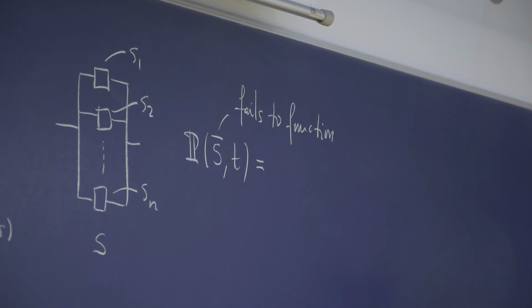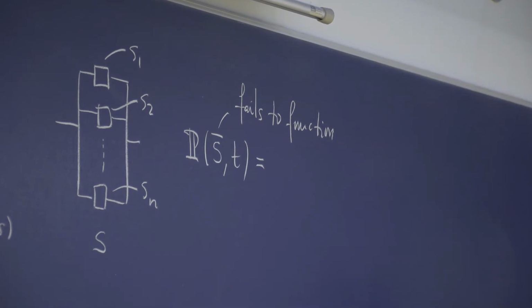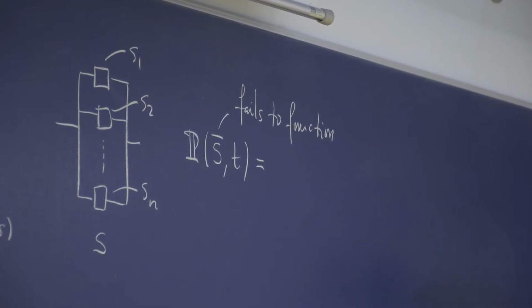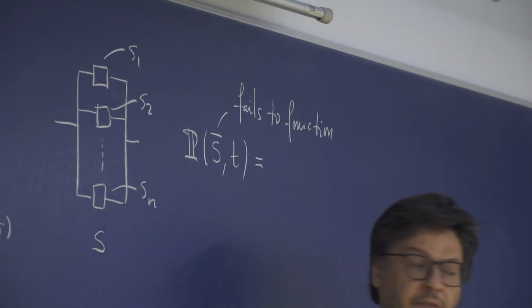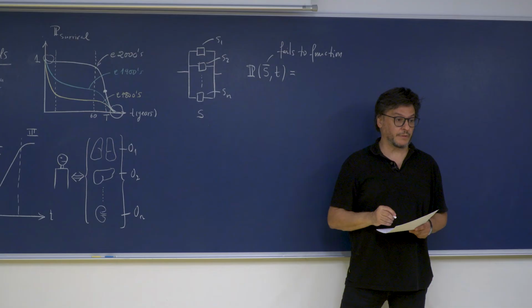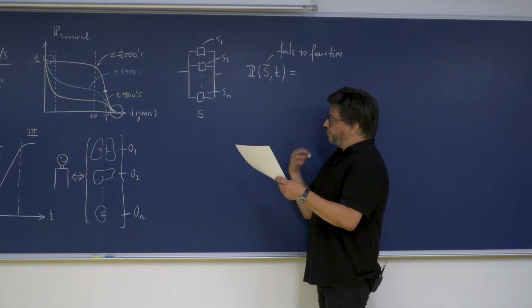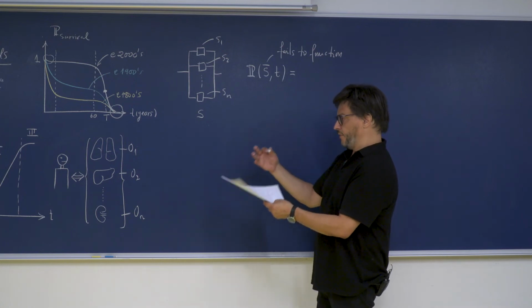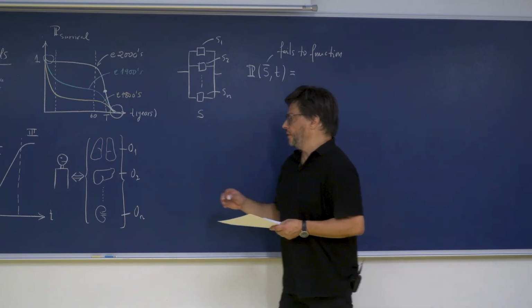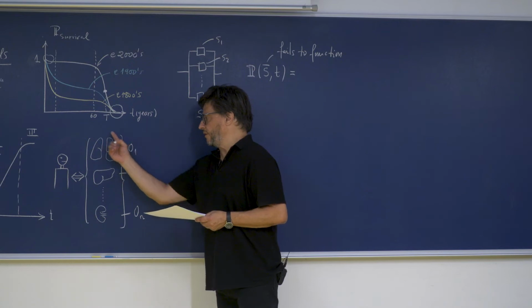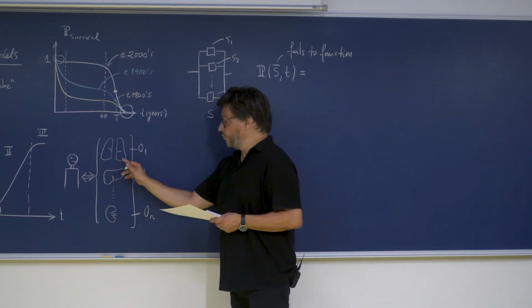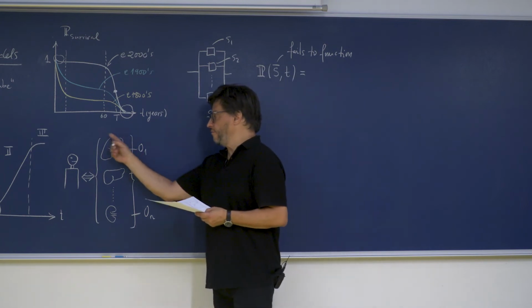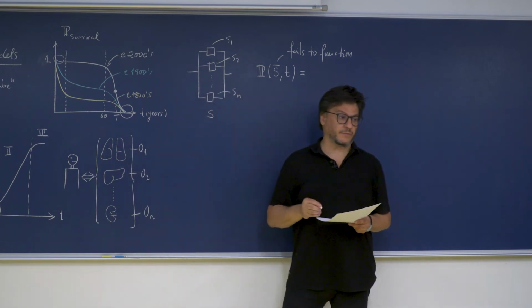Under what conditions? Well, since I have a parallel system, remember that failure only happens if every single element here fails, all right? If I rethink that, and we'll go back to that later on, if I look at a given organ, forget about the rest, this organ could be my system, and it's made of many redundant parts, right?